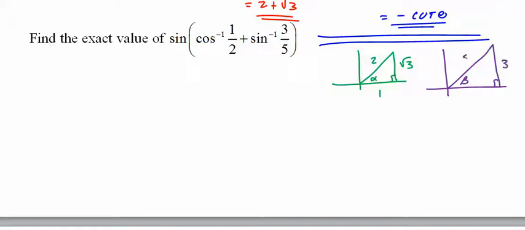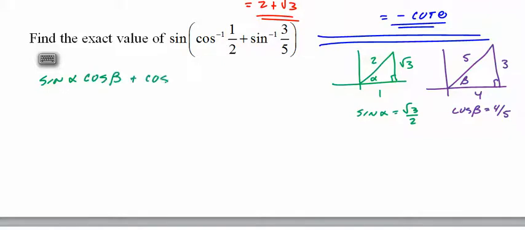Sine is 3 over 5 and 4. So I know what sine is. Cosine of beta is 4 over 5. And sine of alpha is root 3 over 2. So here we go. Sine of alpha, I'm adding two things. Sine, cosine. Cosine beta. Keep the sign the same. Cosine of alpha, sine of beta. So let's blast them in.